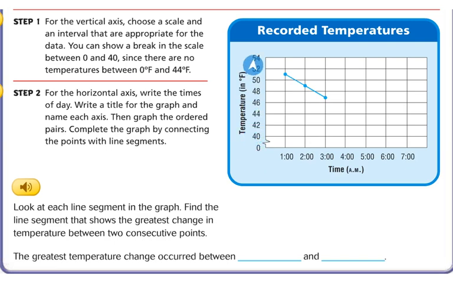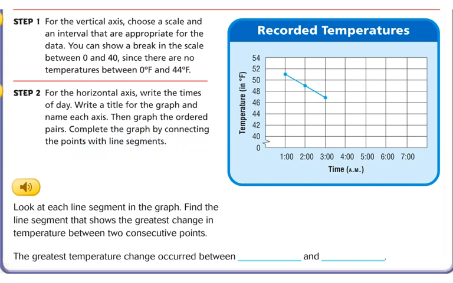This is describing temperature. In parentheses, we put Fahrenheit. Then we go up to the title, which is recorded temperatures, and we pulled that from our input-output table. Now it says, then graph the ordered pairs and complete the graph by connecting the points with line segments.